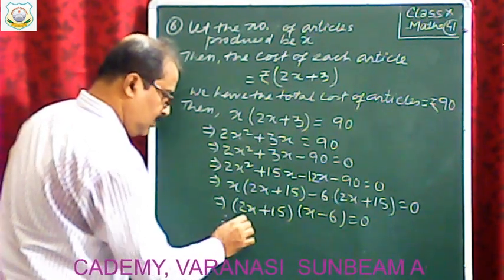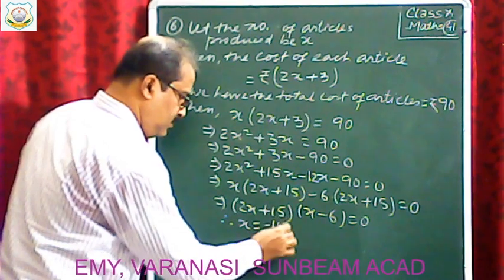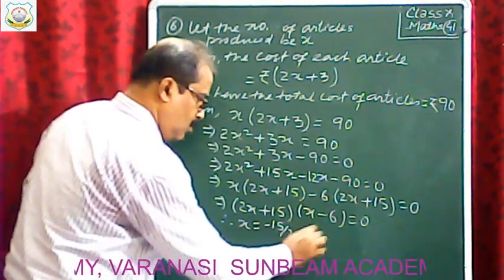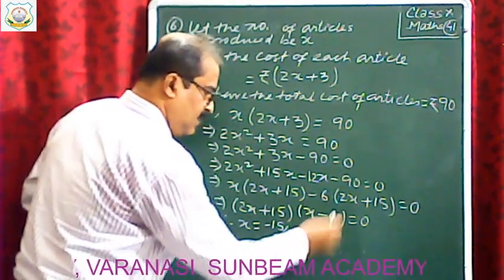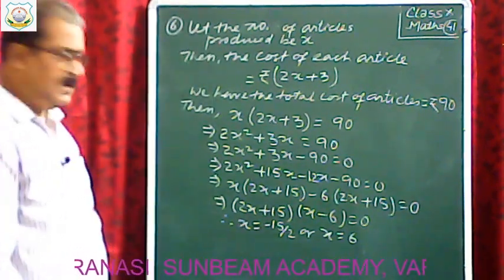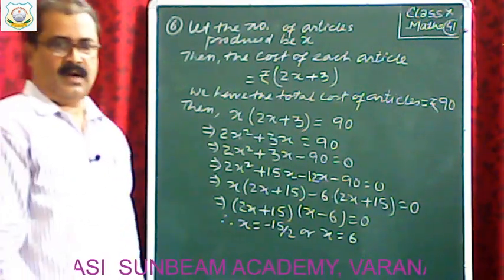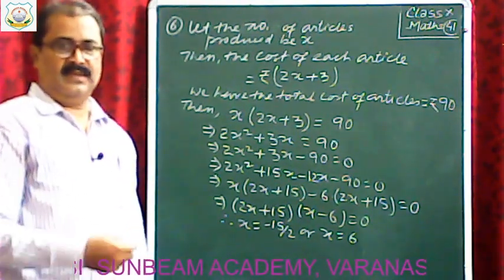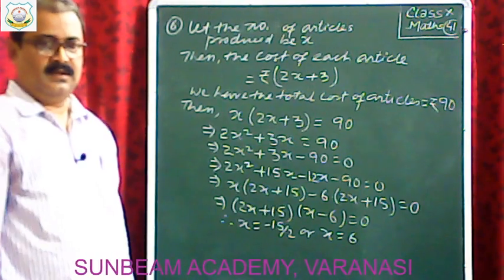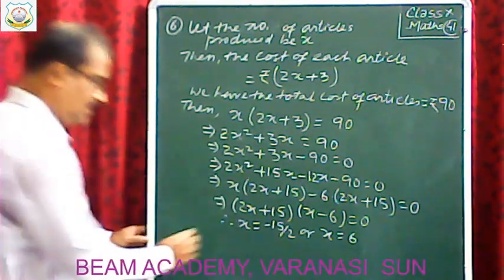Therefore 2x plus 15 equal to 0, then x equal to minus 15 by 2, or x minus 6 equal to 0, x equal to 6. Clear? So x is what? Number of articles. Number of items cannot be negative or in fraction. Okay? So minus 15 by 2 you have to neglect.